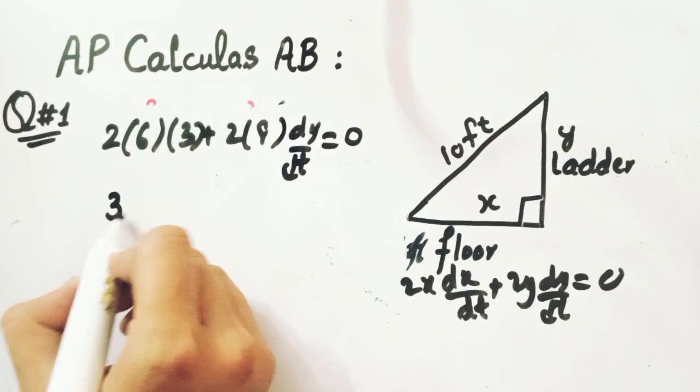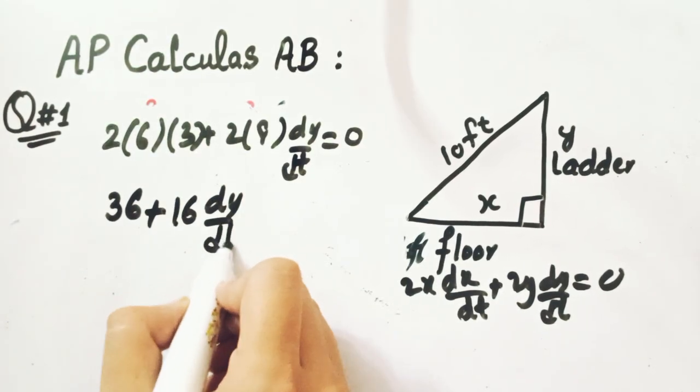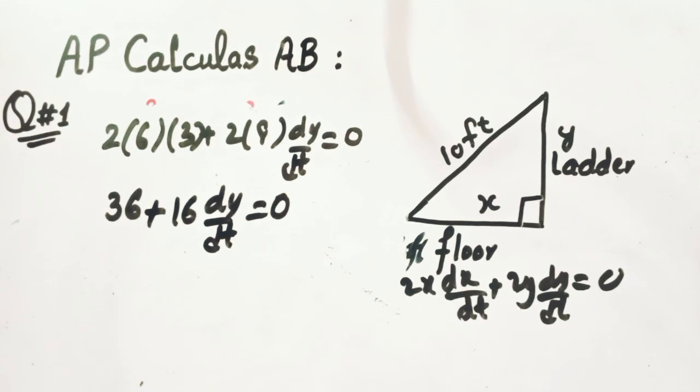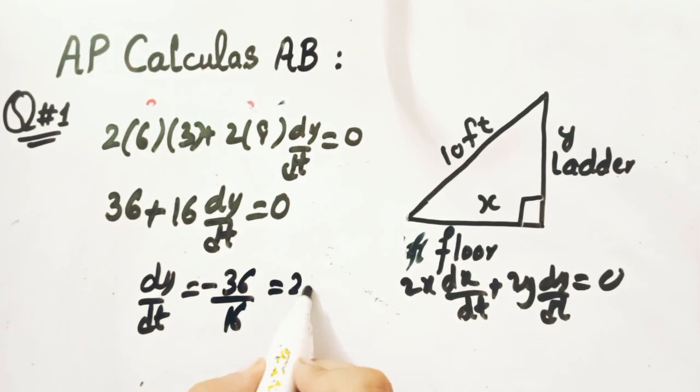So 36 plus 16 dy by dt equals 0. So dy by dt equals minus 36 by 16, that is minus 2.25 feet per second. So this is the answer.